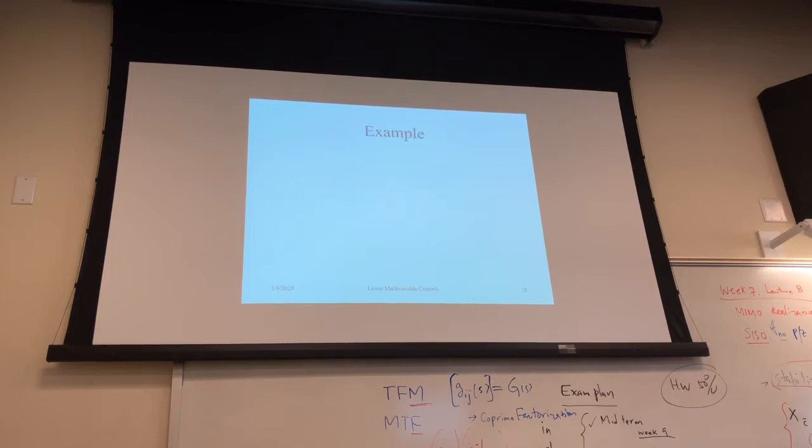So we're going to go through this example and pay attention to this, because this is something we commonly see in practice, 2 by 2, 2 input, 2 output. So what is the ABCD corresponding to this? I give you G, which is a 2 by 2.